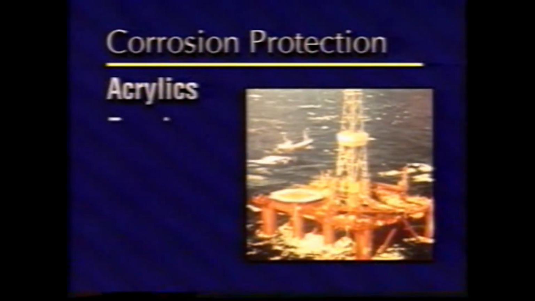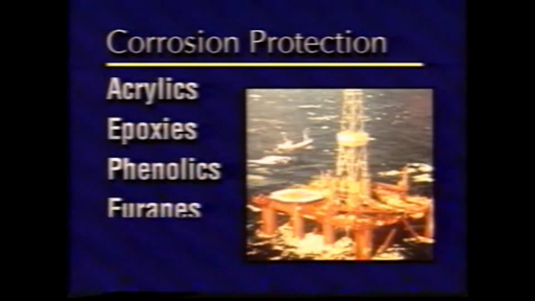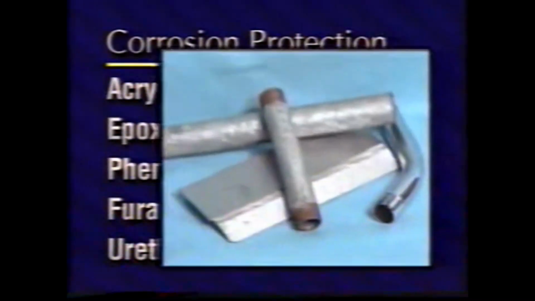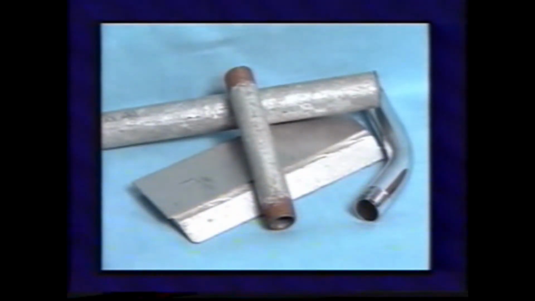These include acrylics, epoxies, phenolics, furanes, and urethanes. They are used extensively for corrosion protection in the form of paints, potting compounds, adhesives, coatings, and linings. Their chemical resistance makes them suitable for many applications. A wide variety of metallic coatings are applied, mainly by electroplating, hot dipping, electrolysis processes, and cladding.